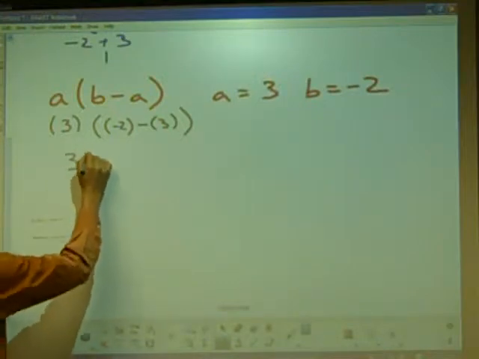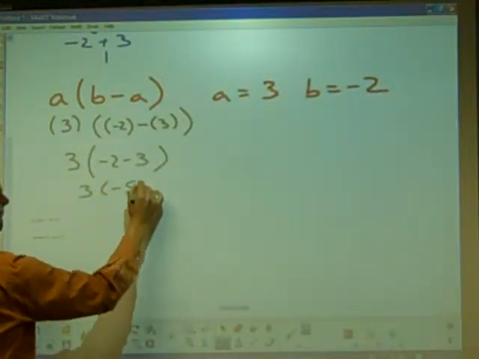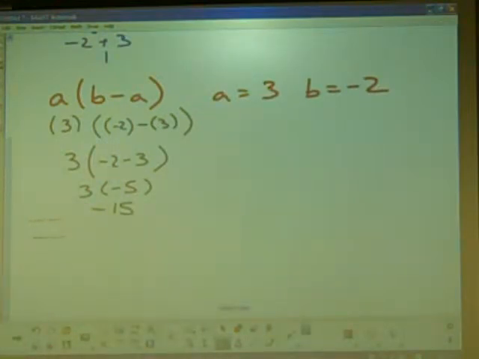Again, I have to work in the parentheses first. And the value of that expression for a equals 3, b equals negative 2 is negative 15.